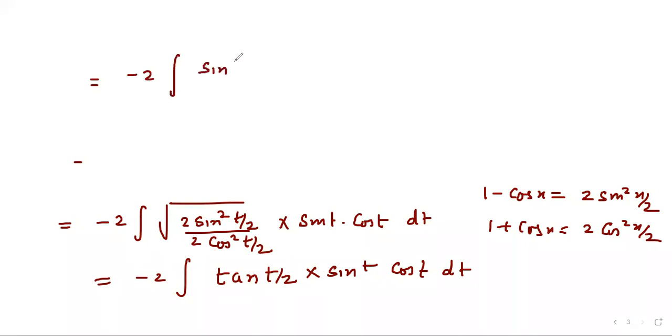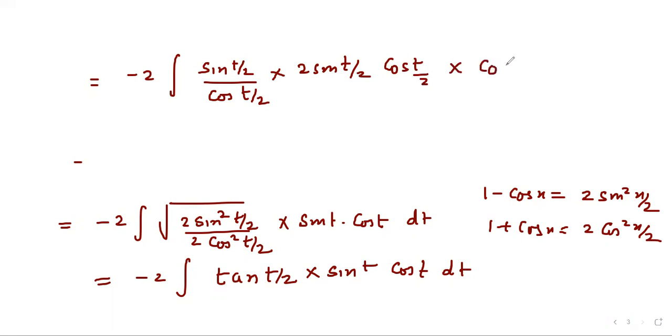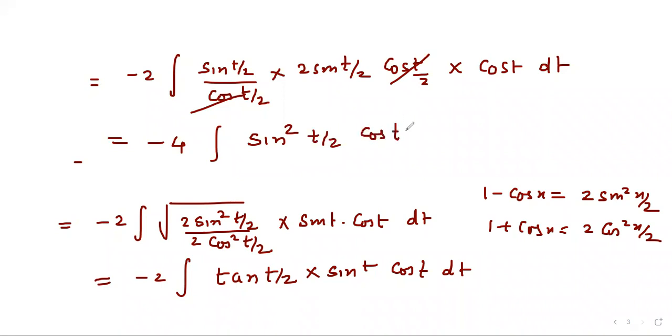This is sin t by 2 divided by cos t by 2, and sin t can be written as 2 sin t by 2 cos t by 2 times cos t dt. Here cos t by 2 will cancel out, and this 2 will become 4. So minus 4 integration sine square t by 2 times cos t dt.